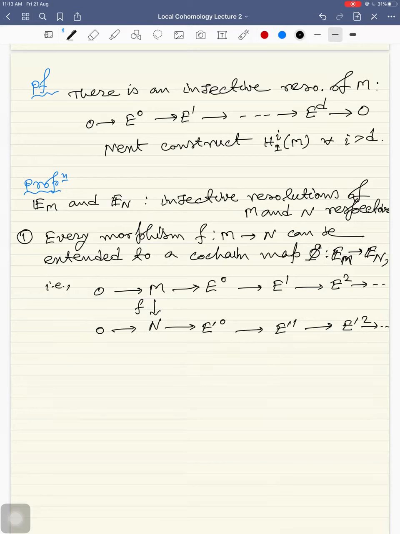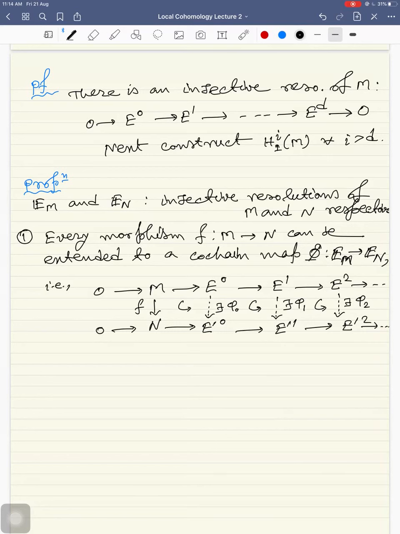So the statement that every morphism f can be extended to a cohomology map means that there exists a map from E0 to E prime 0, there exists a similar map from E1 to E prime 1, there exists phi 1, phi 2, and so on, such that this diagram is commutative.